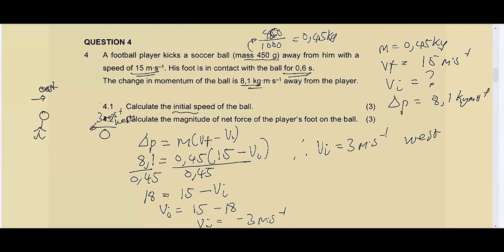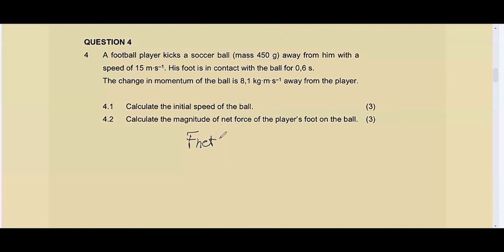Then now they say 4.2, calculate the magnitude of the net force of the player's foot on the ball. So to calculate that, we have F net is equal to change in P over change in T. So to calculate the magnitude of the net force of the player's foot on the ball, we have the change in momentum of the ball, that's 8.1, and then divide that by the change in time, that's 0.6.